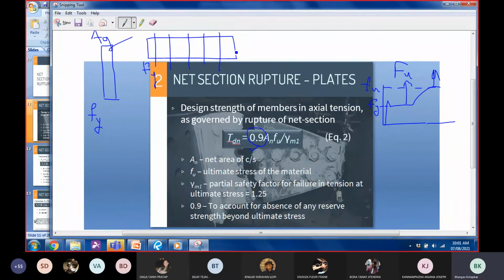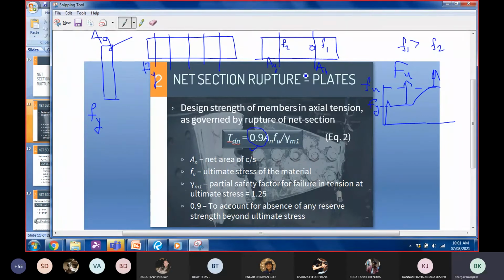But when we are talking about net section, let us say that this is where I put the bolt, so here I have net area, here I have gross area. Here I'm going to have a higher stress. Let us say this is F1 and this is F2. F1 is going to be greater than F2.